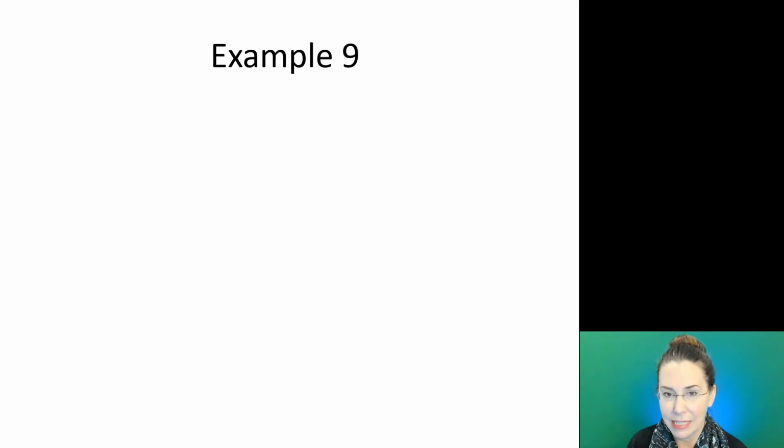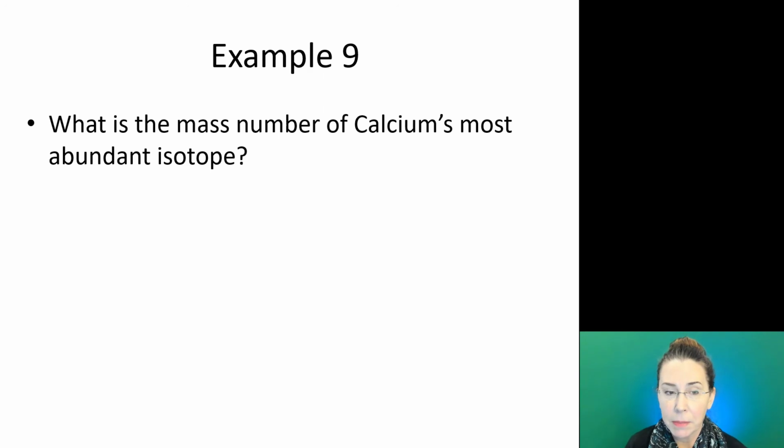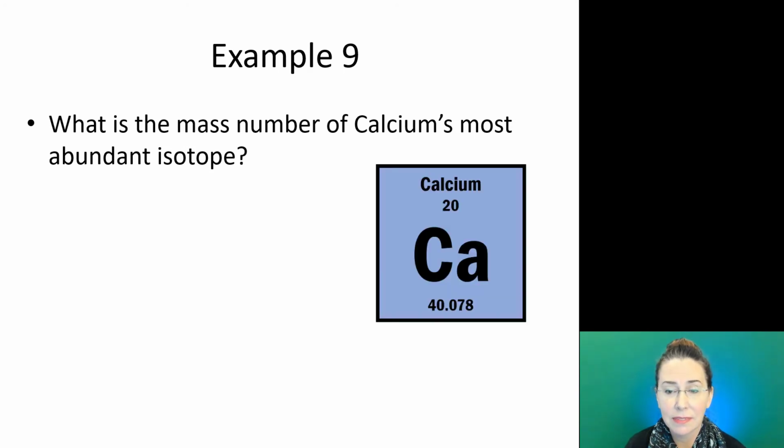Let's try another example. In this problem, I'd like you to try to determine the mass number of calcium's most abundant isotope. So if this is calcium, and its atomic number is normally 20, and its atomic mass is 40.078, what would be the mass number of calcium's most abundant isotope?